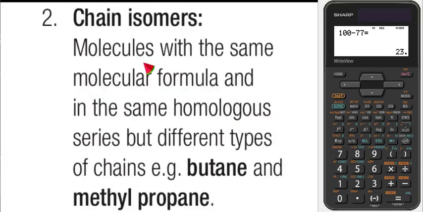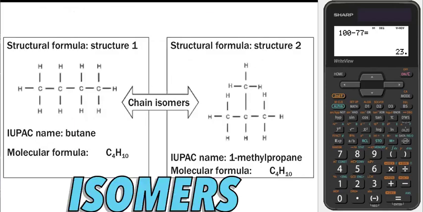So you've got chain isomers, which are molecules with the same molecular formula and in the same homologous series, but different types of chain, like butane and so forth. You don't need to know this, you just need to know what they are. Number one, chain.